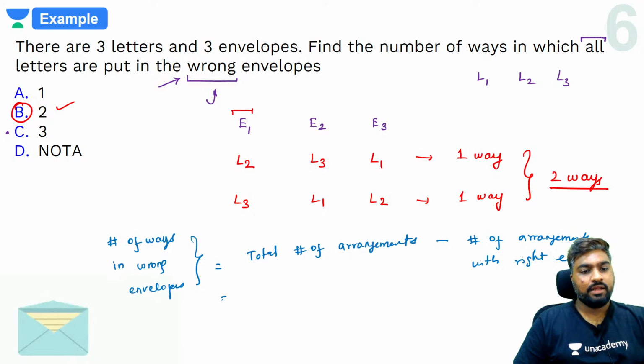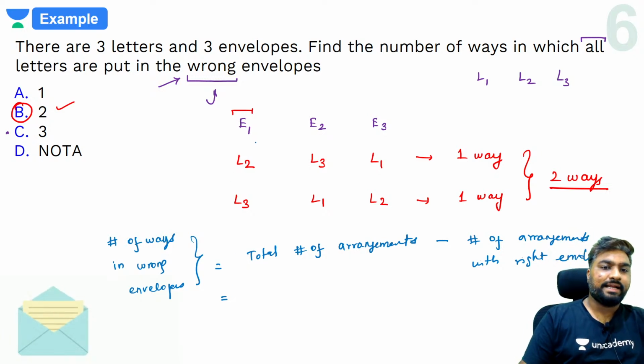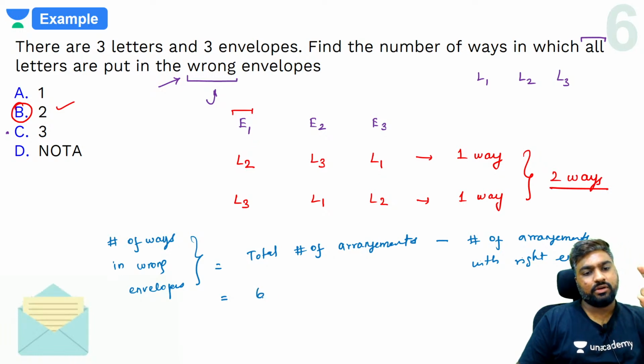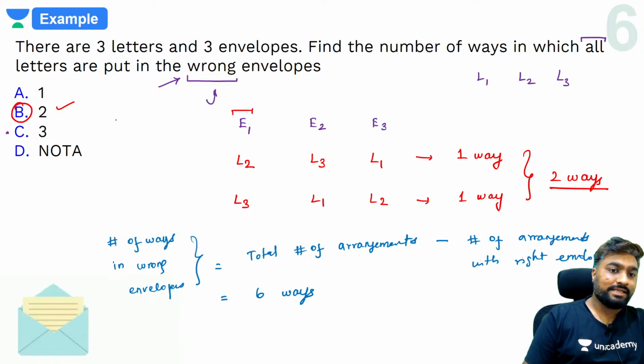So what will happen? Total number of arrangements, 3 letters, 3 envelopes. We can arrange it in 3 factorial, 6 ways. Do you agree or not? There are 6 ways to arrange this, correct?